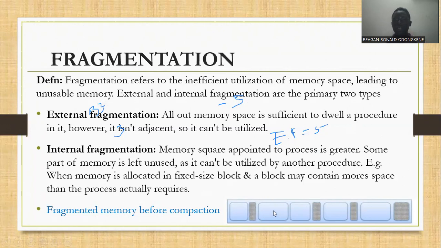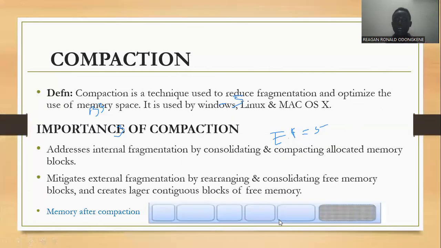So this one is a chunk allocated and fully utilized, this one allocated but not fully utilized. By applying compaction, we shall now collect all these unutilized on one side and the utilized on the other side, so that we can make use of the unutilized.